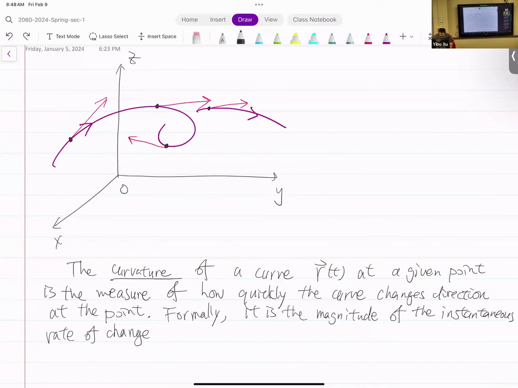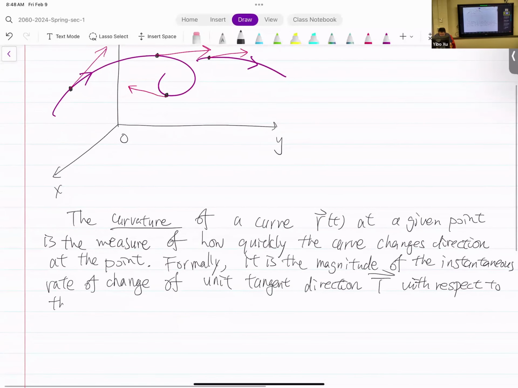of the unit tangent direction, the cap T, with respect to the arc length, the little arc length function, which we call little s.